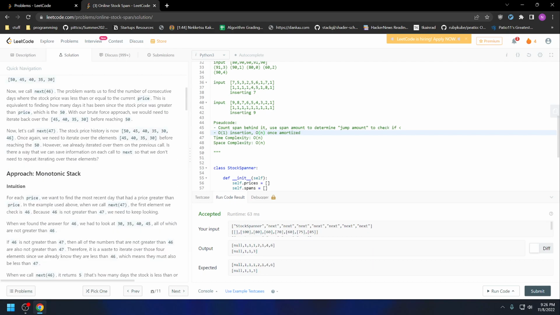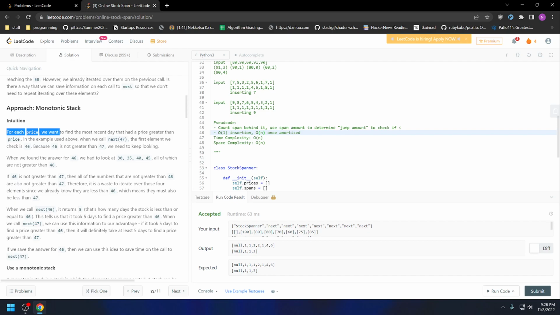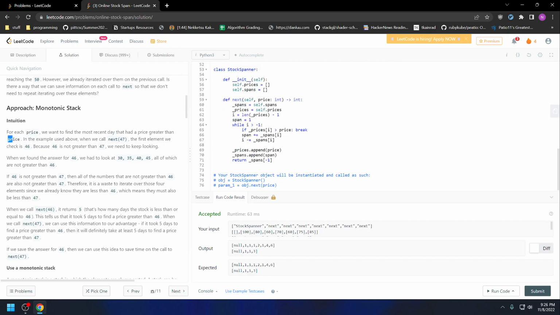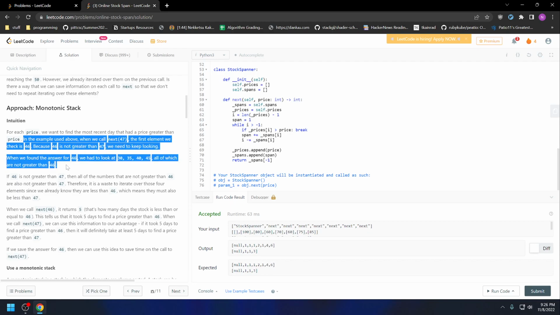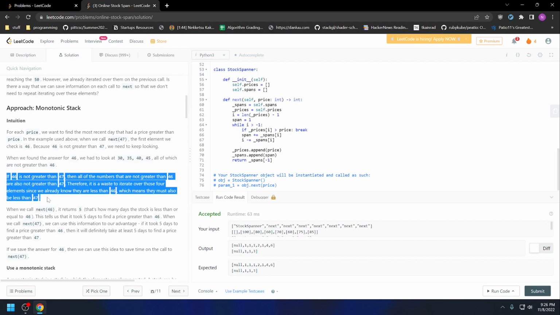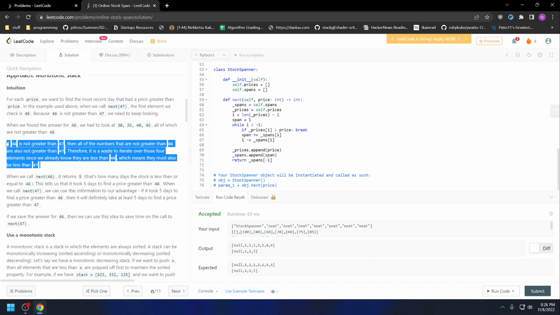So the brute force. For each price, we want to find the most recent day that had a price greater than the price. An example, it's 47. The first element we check is 46, then 45, which are not greater. Then all the numbers that are not greater than 46 are also not greater than 47.